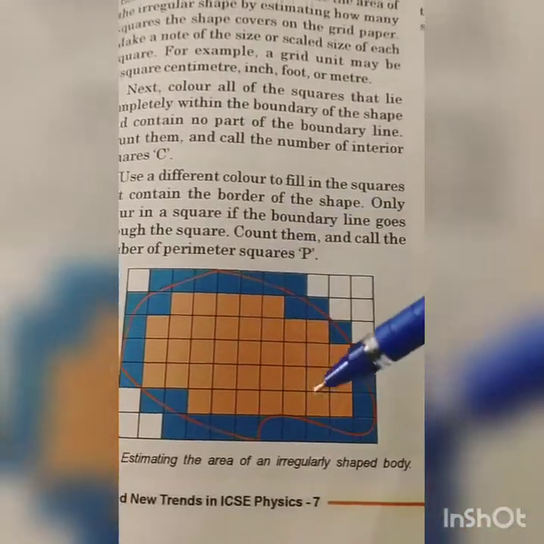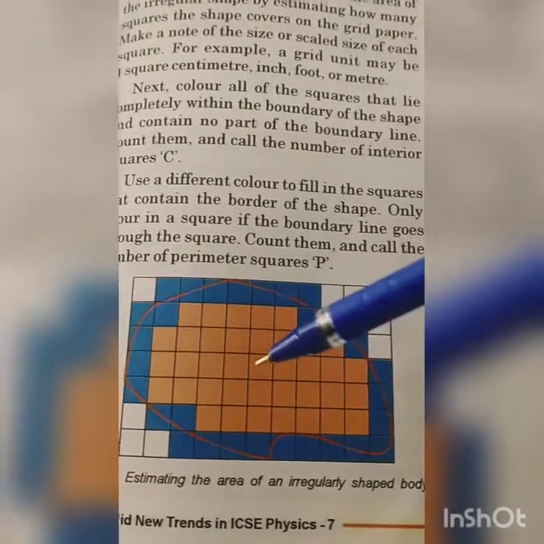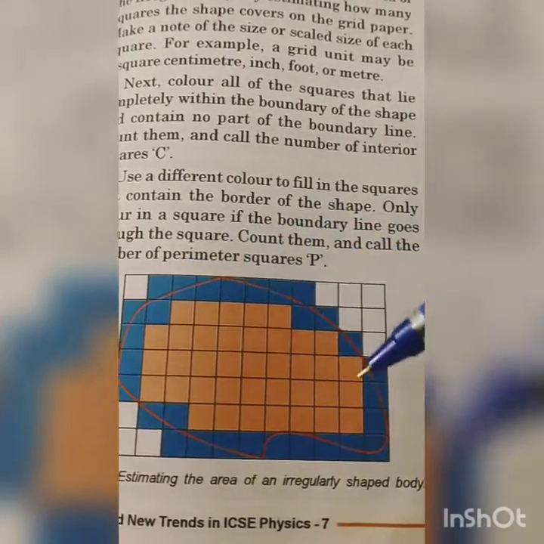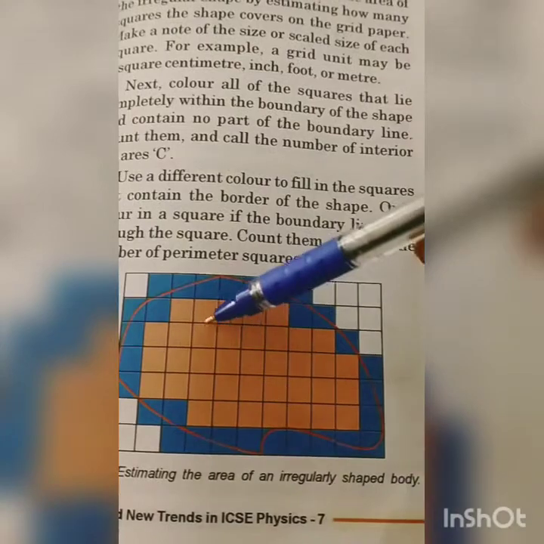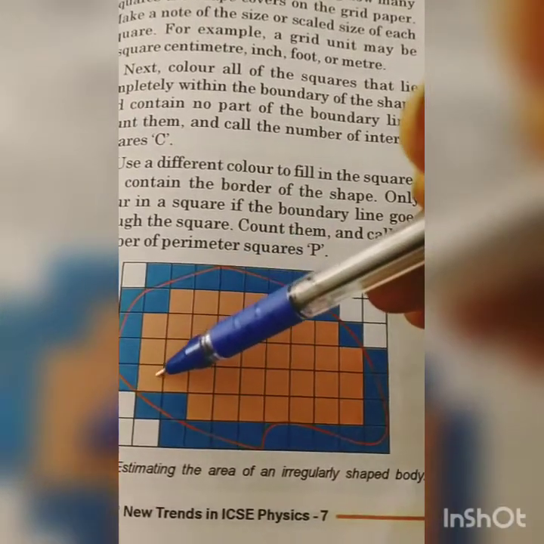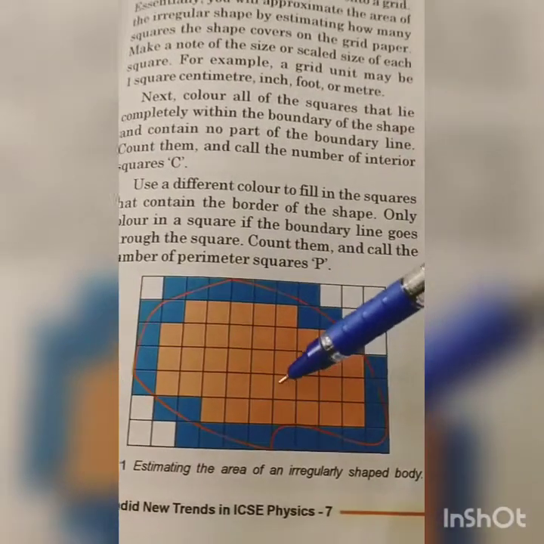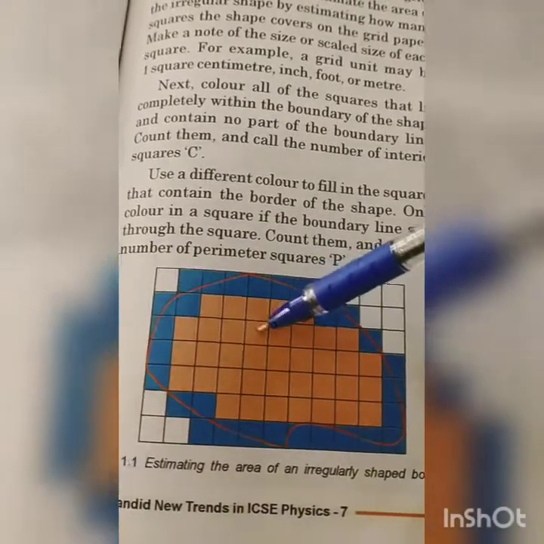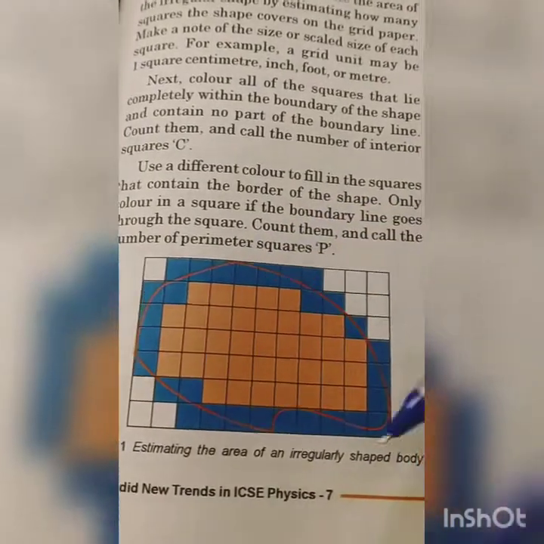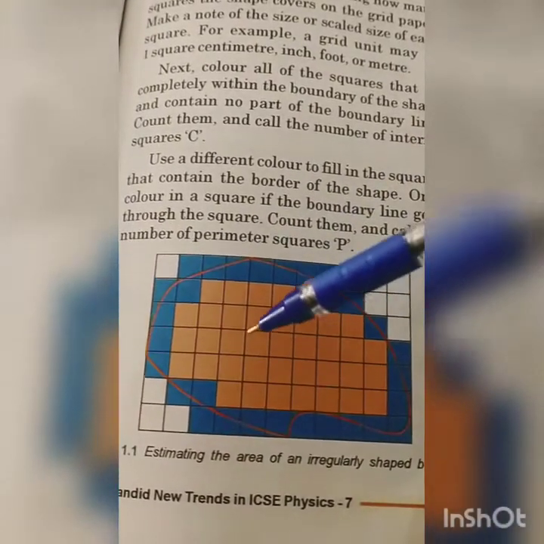Now we had seen how to find the area of an irregular shape on a grid, just by counting the number of squares.